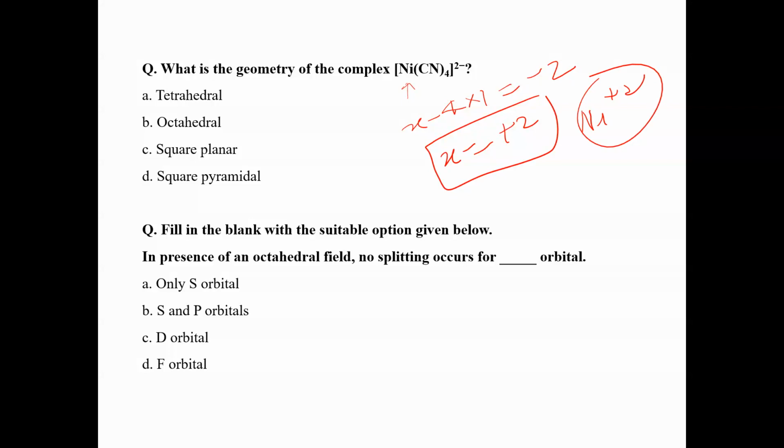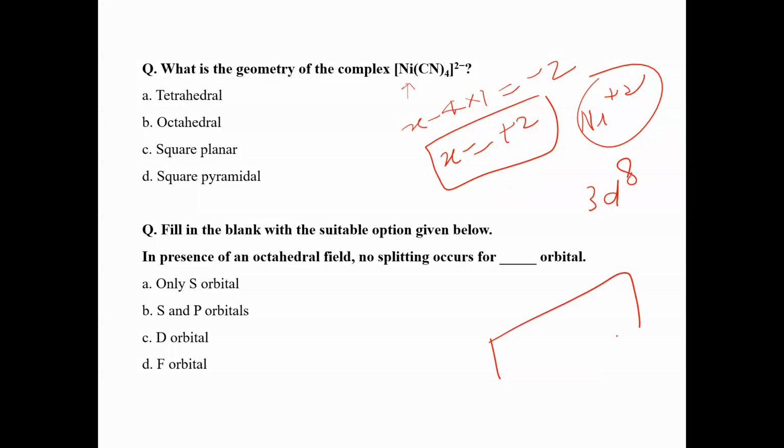Getting my point? So just write the electronic configuration for nickel plus 2. It will be 3d8, right?